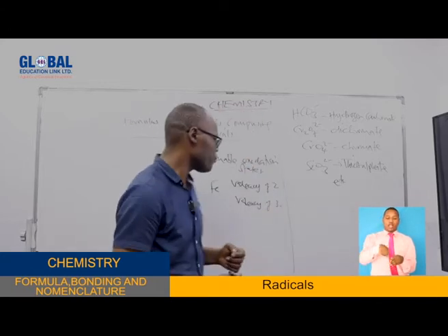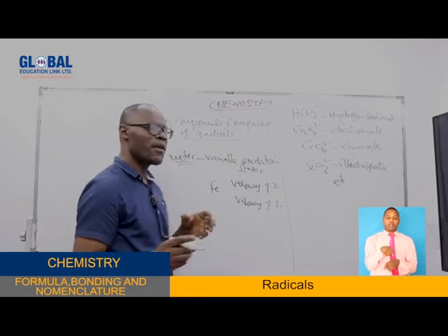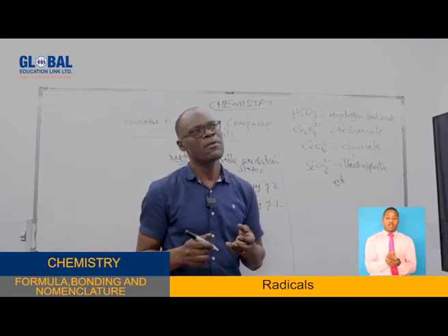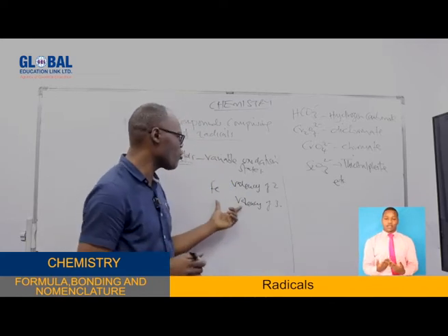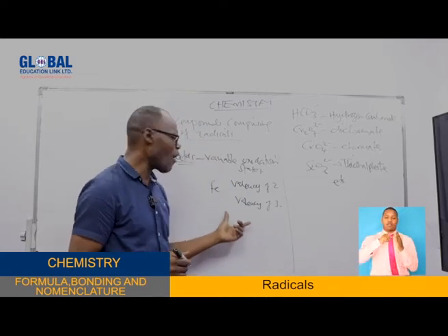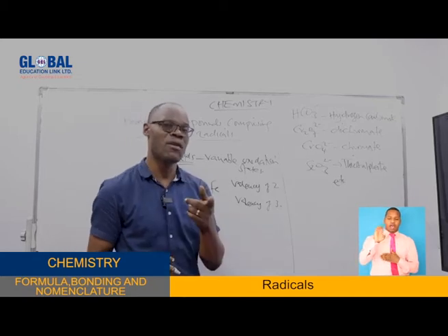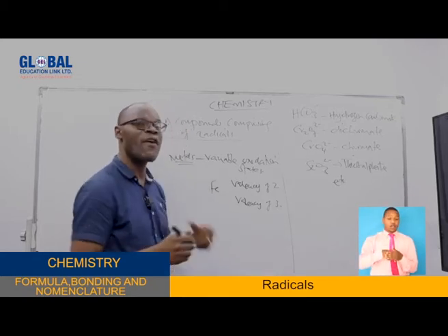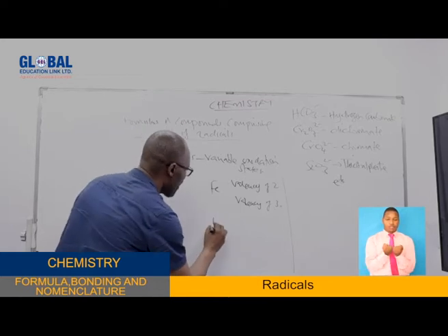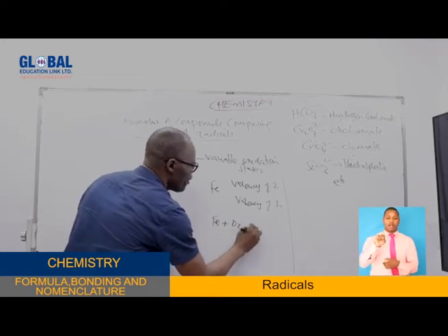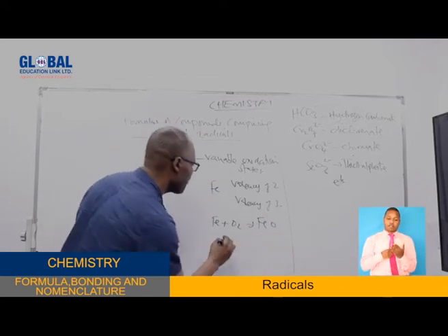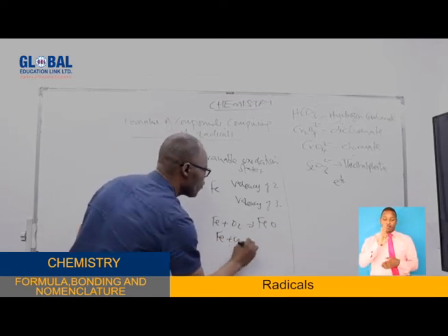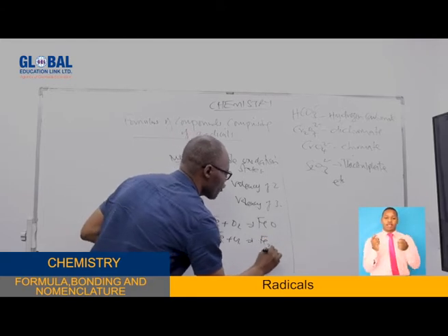For example, in our discussion on rusting, we wrote a formula about iron oxide. Our iron oxide there was iron 3 oxide, but we can also have iron 2. If iron reacts with oxygen, we can get iron 2 oxide, but at the same time, iron can react with oxygen to give us iron 3 oxide.